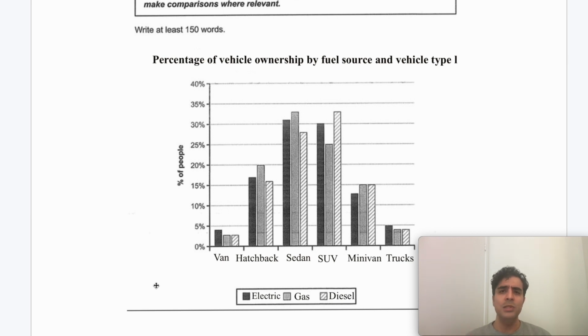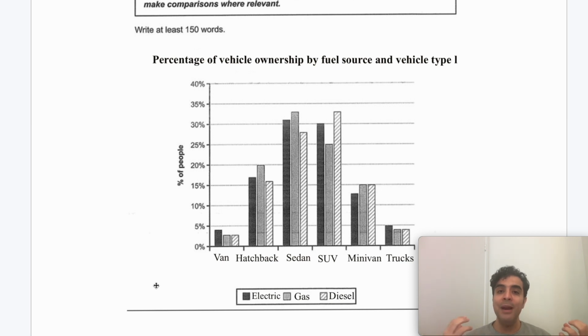How are you coming up with 2? You see, van, hatchback, sedan, SUV, minivan, and trucks, they are different categories of the same variable that's distinguishing, that is the type of vehicle. Another variable, which this time divides the information into 3 types, is the fuel type, right?